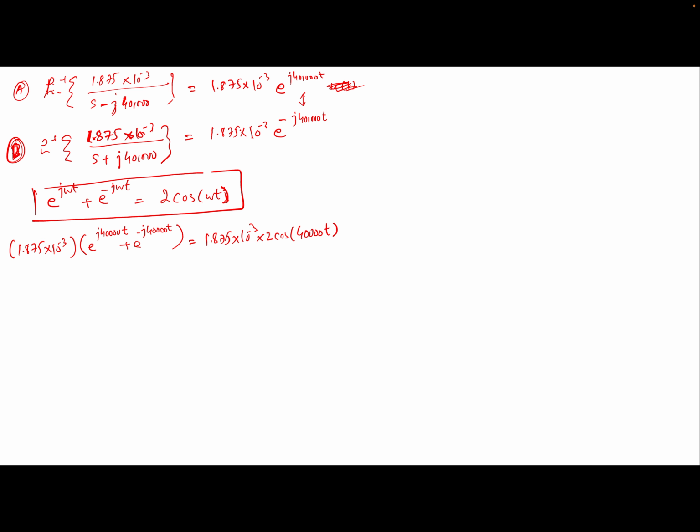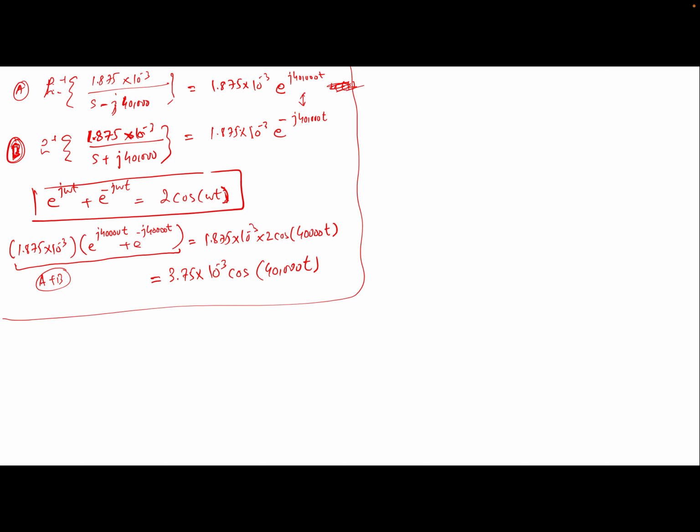So this term comes out to be 3.75 times 10 to the minus 3 cos of 40,000 t. Great, so these are my A plus B terms.